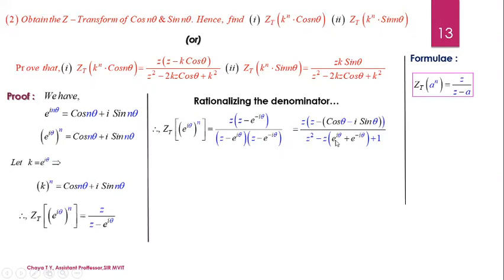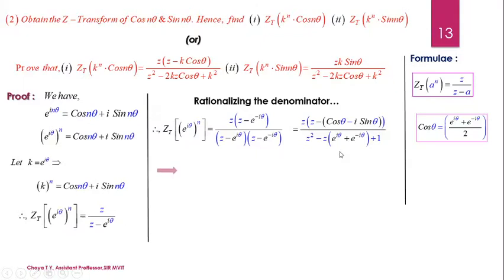So when I multiply, I get the denominator expression as z square minus z times of e power of i theta plus e to the power of minus i theta plus 1. Now if I observe here, see the denominator is e power of i theta plus e power of minus i theta, which can be written as 2 times of cos theta by the formula.